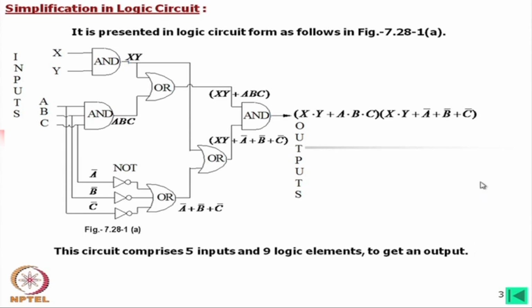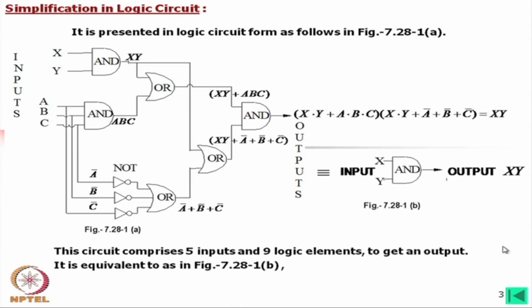To get an output equal to xy, the output is only this much. Then this can be replaced by inputs x and y and an output through an AND gate, and we get this output.